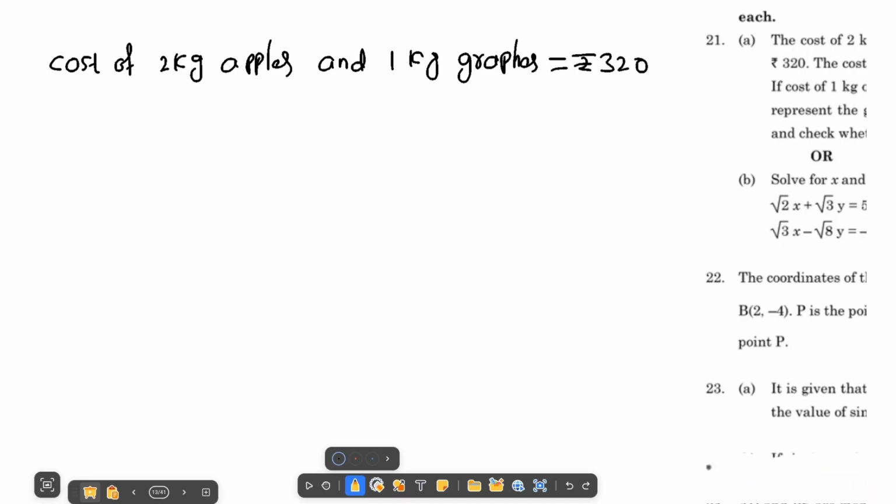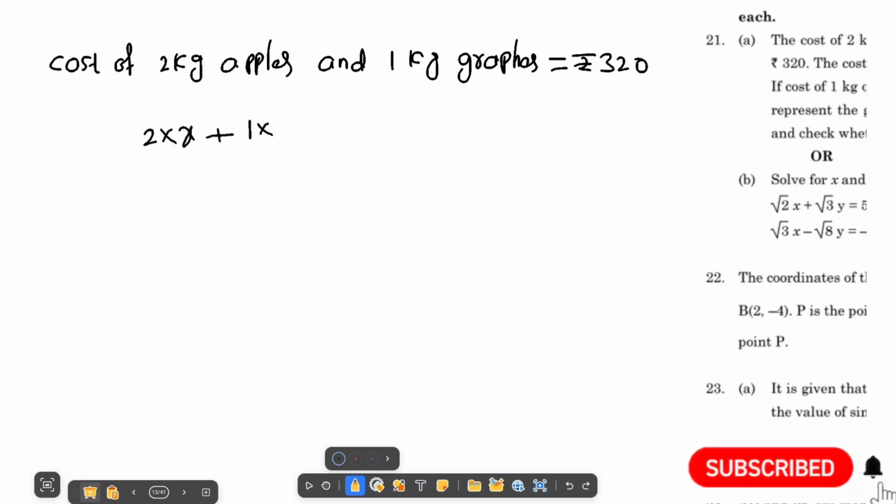If the cost of 1 kg of apples is x and the cost of 1 kg of grapes is y, then how do we write this as a linear equation in two variables? So 2 into x, since the cost of 1 kg of apples is x, and 1 into y, since the cost of 1 kg of grapes is y, equals rupees 320. So 2x plus y equals 320.